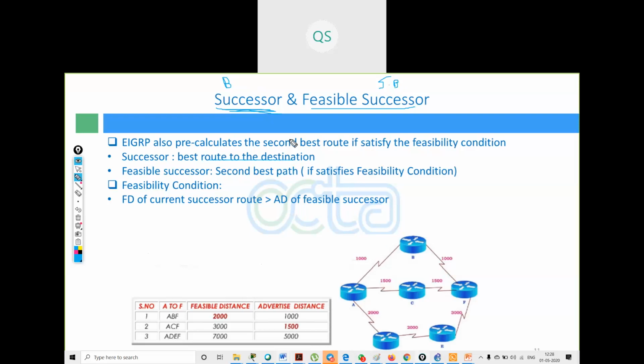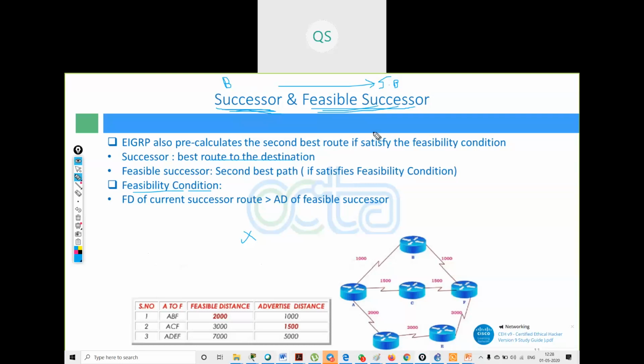If my best route goes down, then it will automatically select the second best route and converge. To select the feasible successor, there is a feasibility condition. If this condition matches, only then will EIGRP elect the feasible successor.